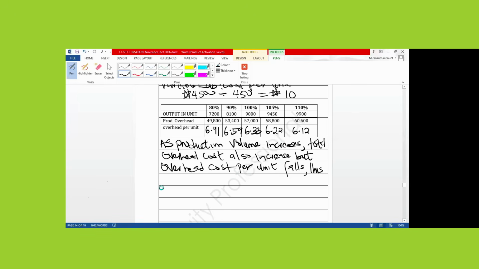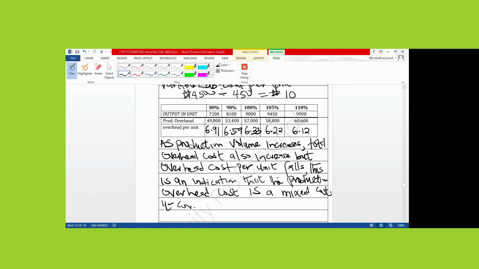This is an indication that the production overhead cost is a mixed cost.